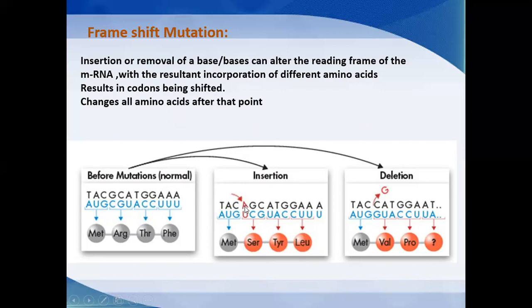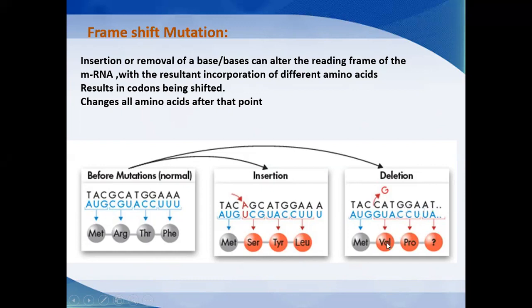For example, the G is deleted from the DNA molecule. So that's why we are getting the TAC after we are getting the CAT sequence. Instead of GCA, we are getting CAT and GGA and AT, and so on.